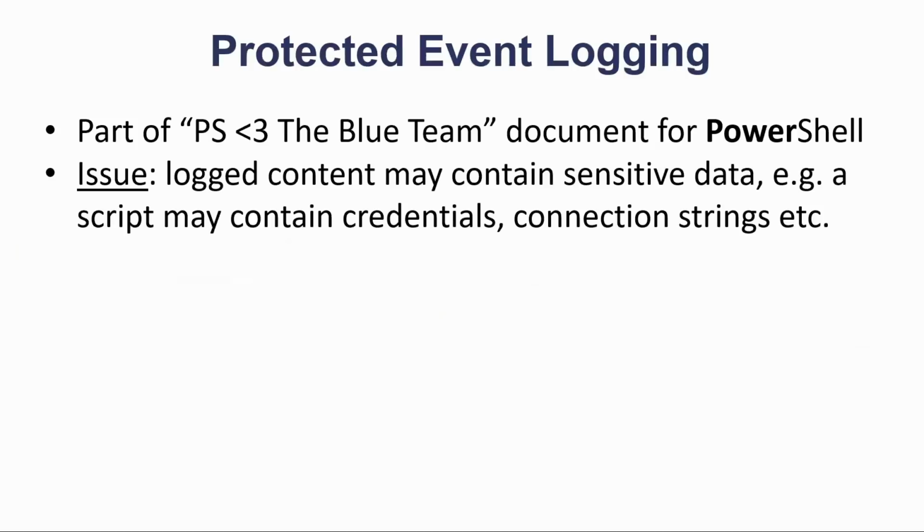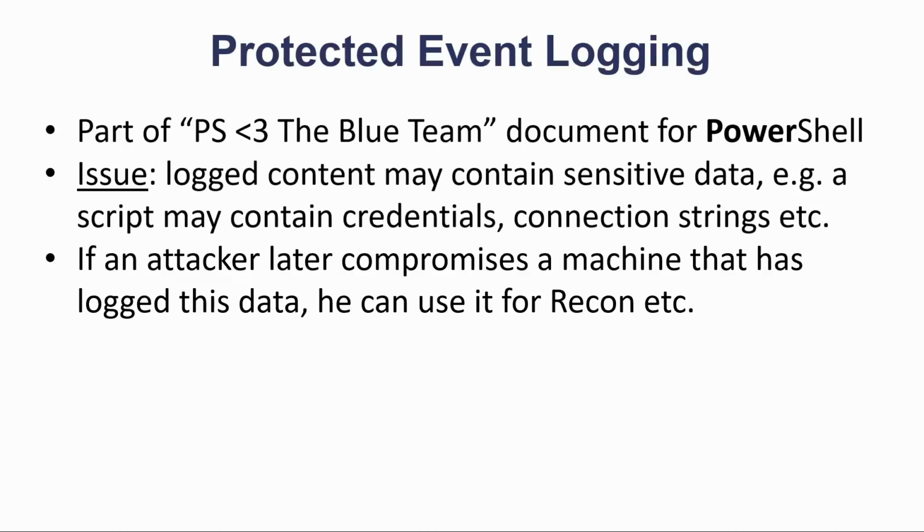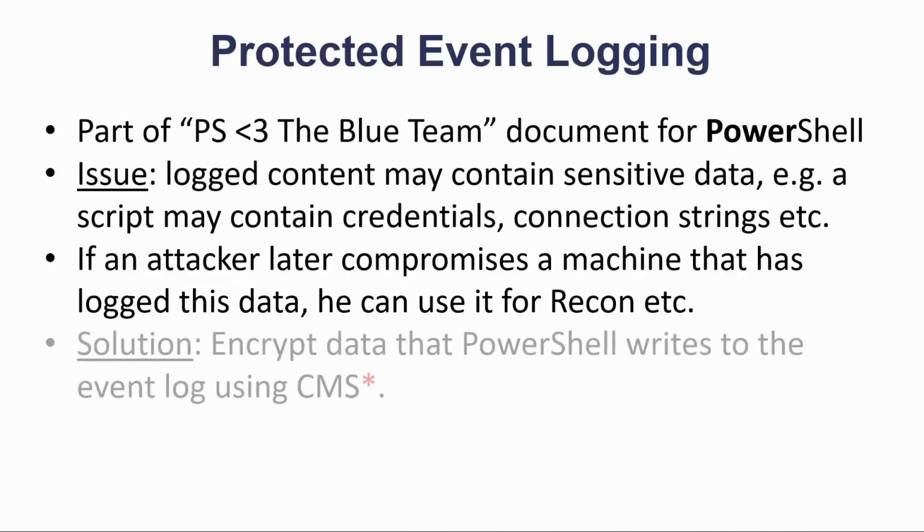In general, when you log PowerShell commands, you log not only the attacker, most of the time you log yourself, the IT, right? But once the attacker gets to that machine and later compromises it, he has all this log data, and it can really be useful for reconnaissance. So the solution Microsoft offers, for now I'm talking just about the Blue Team solution, is to encrypt the data that PowerShell writes to the event log using something called CMS.